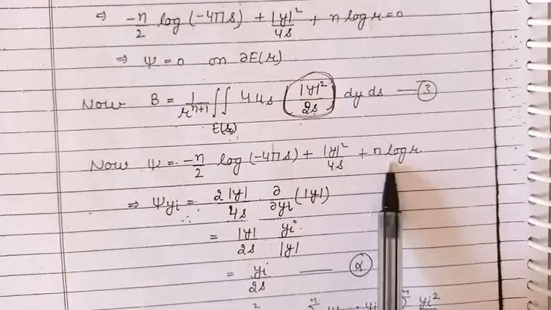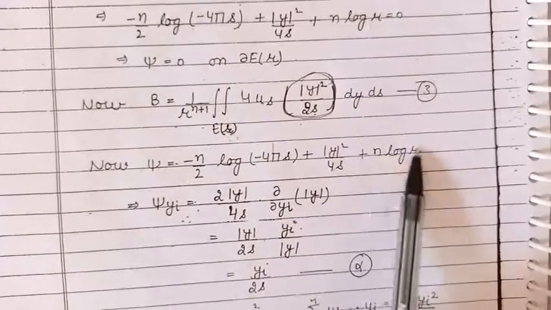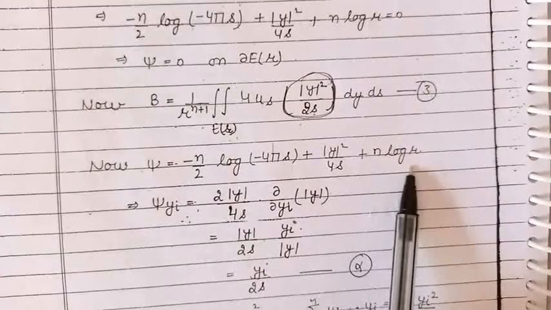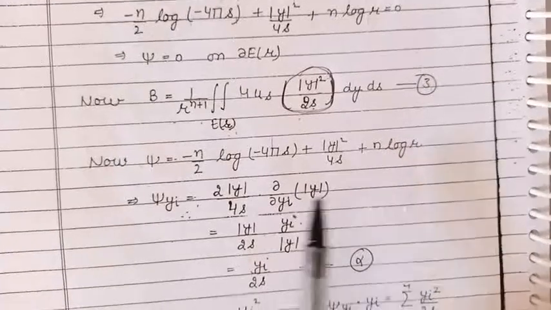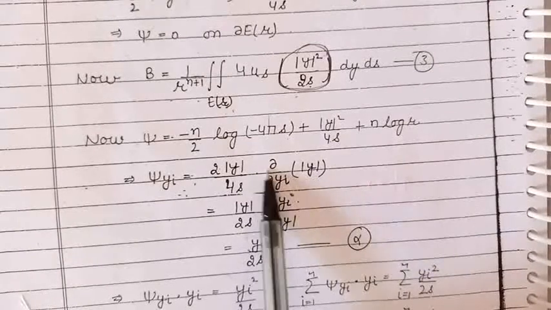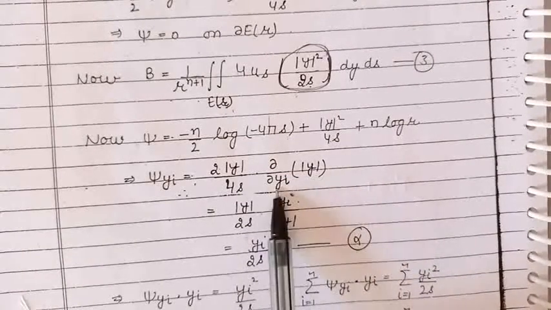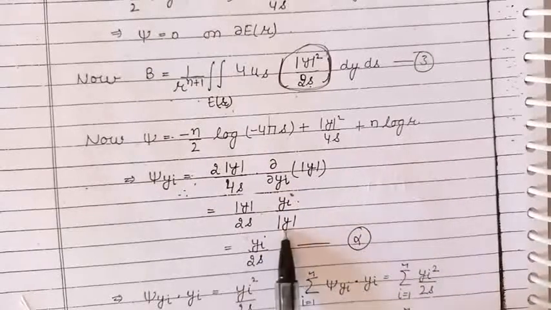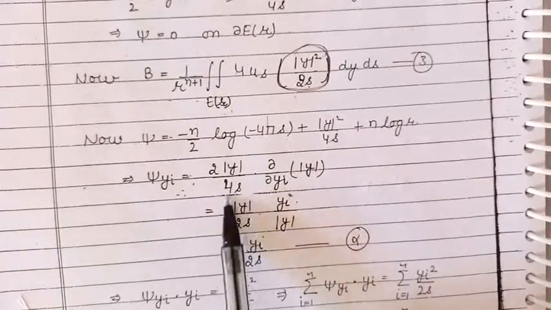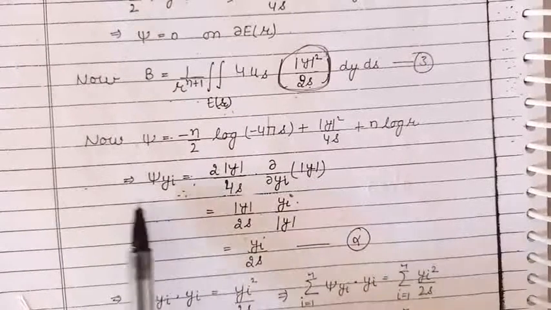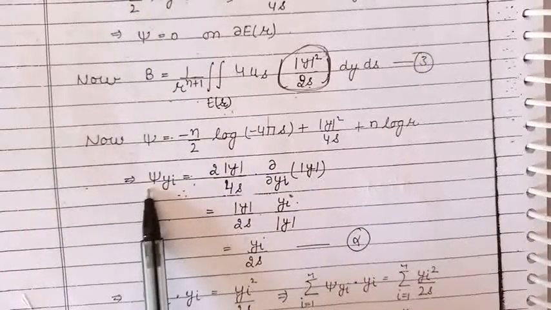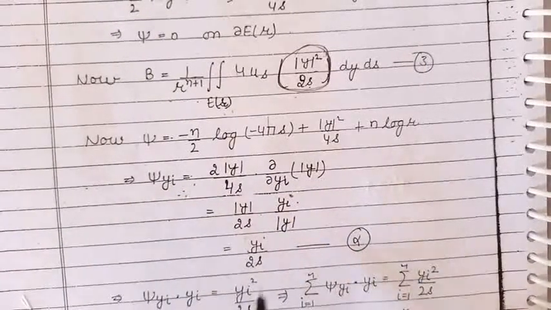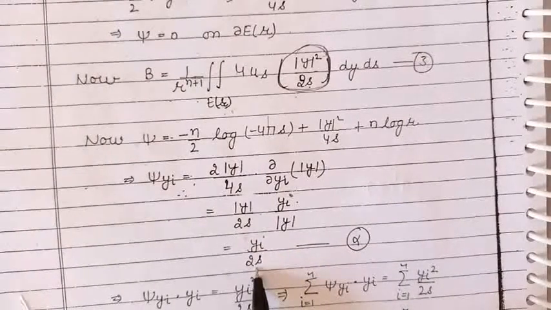This term is independent of yi, so its partial derivative with respect to yi will be 0. Now the partial derivative of |y| with respect to yi is given by yi upon |y|. So these terms cancel out, and the partial derivative of psi with respect to yi is given by yi upon 2s.